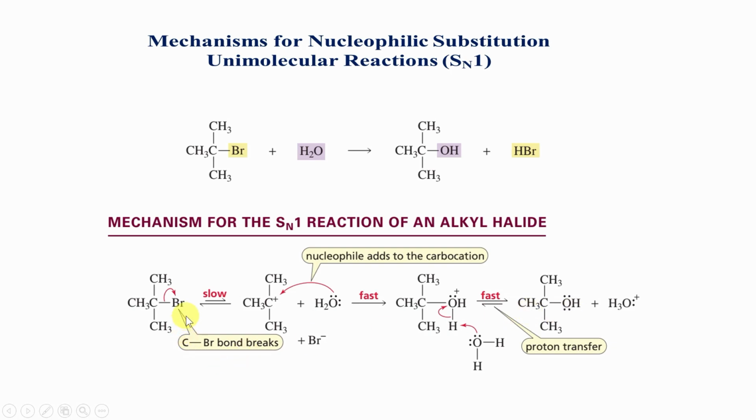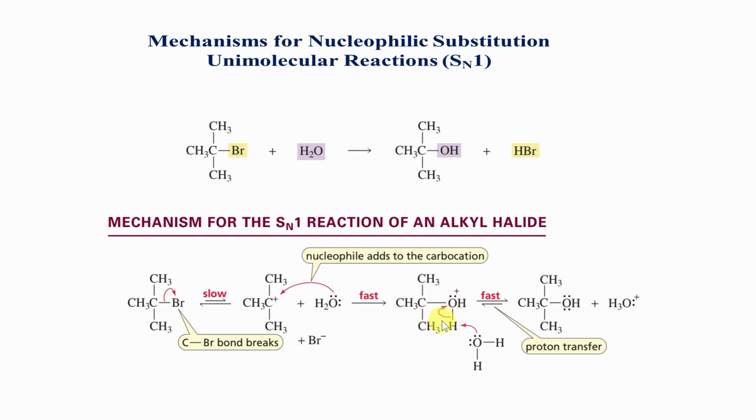That is, in the rate determining step, cleavage of the carbon halogen bond of the tertiary alkyl halide takes place to form a more stable carbocation. Here it is the tertiary butyl carbocation. And in the next fast step, addition of the nucleophile to this tertiary butyl carbocation takes place, forming a protonated alcohol.